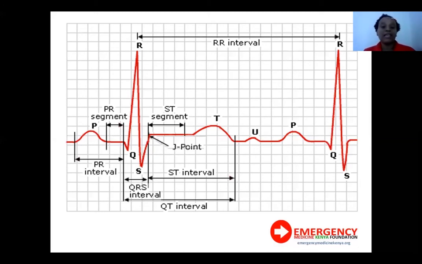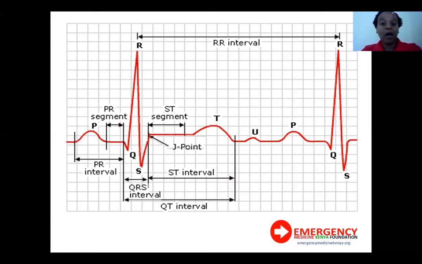The J point is important, as I said, when it comes to myocardial infarctions. It's able to tell us from which point we gauge our elevation. So we usually count from the J point to the point at which it starts curving, so we know that there's an elevation.